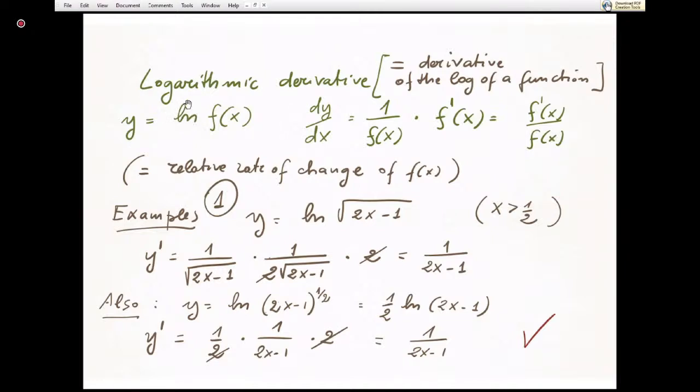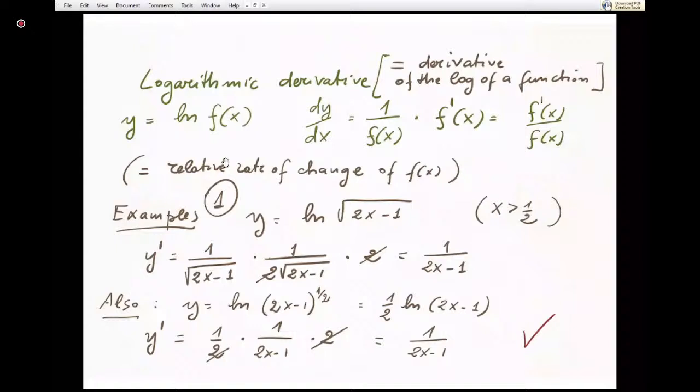Take the derivative of the log with respect to its argument, which is 1 over f of x. Then multiply by f prime of x. So the ratio between the derivative of the function f and the function f itself is the derivative of the log of f of x, which represents the local rate of growth of f of x at the point x of the domain. Okay?